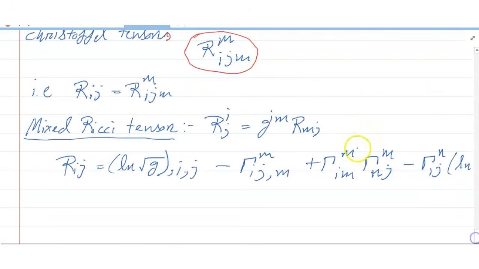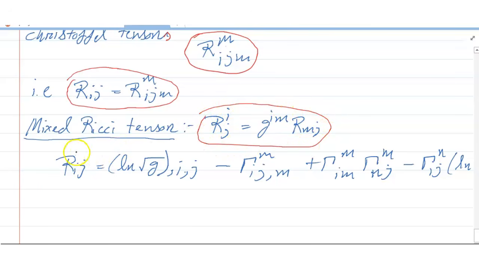You will see this is the contraction: the covariant index and the contravariant index are the same, so we get a contraction. So R_{ij} is equal to R^m_{ijm}, and the mixed Ricci tensor is R^i_j equal to g^{im} R_{mj}.